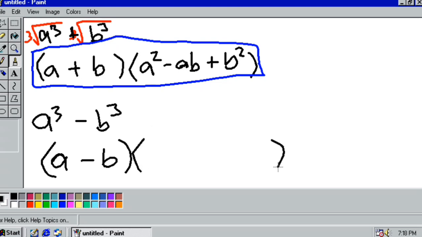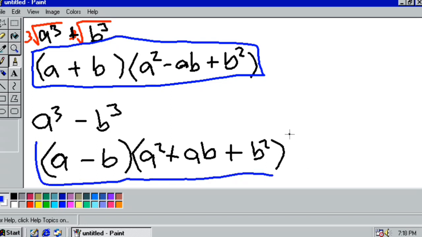Now let's set up a parenthesis for the trinomial. Square the first term, so that will be a squared. Multiply the first and the last terms, so it will be ab. It's literally the same as the first example. Always remember that this part will always be a plus, and for this part it will be the inverse of this sign. The inverse of subtraction is addition. So this is the factor for this example.